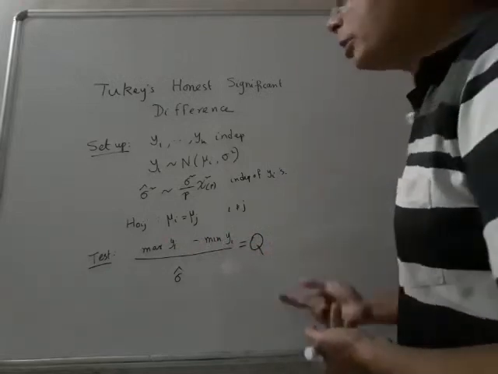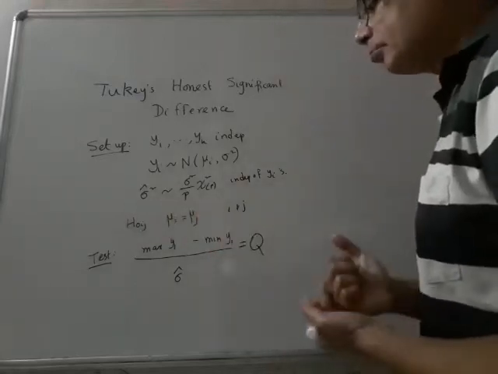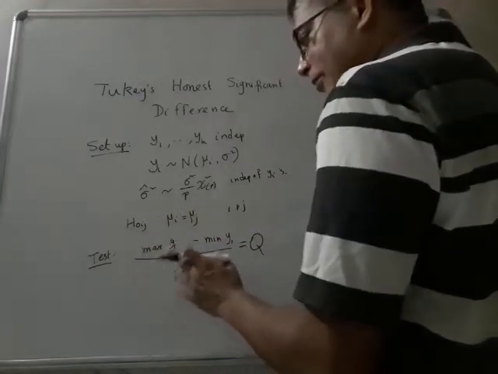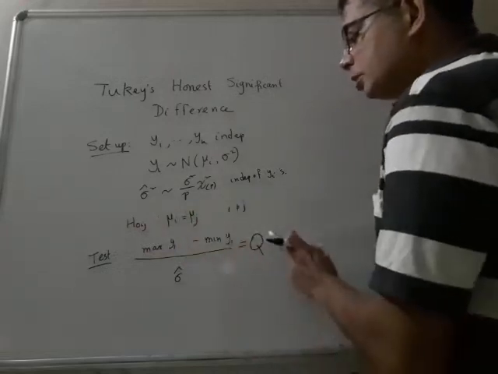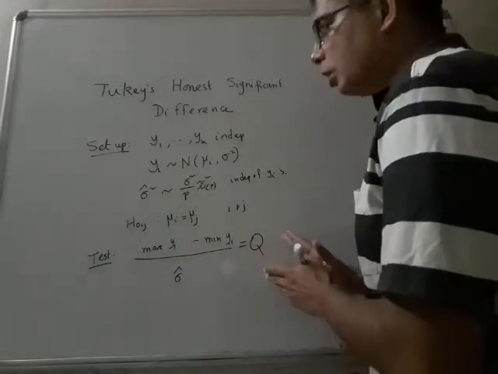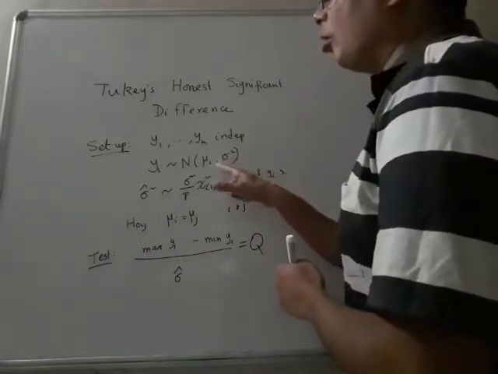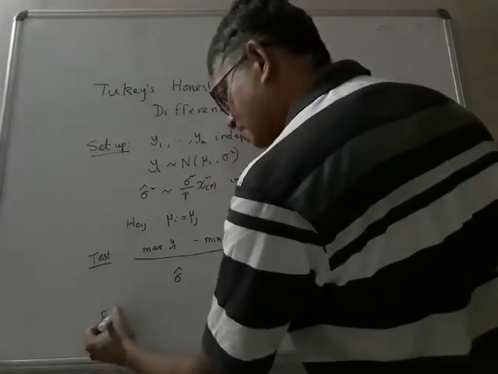And how are you going to assign, accept or reject to each of these hypotheses? The technique is based on the fact that if all the H naught ij's are true, then the distribution of Q is completely known. It does not depend on sigma squared or the mu's. So here's a fact.